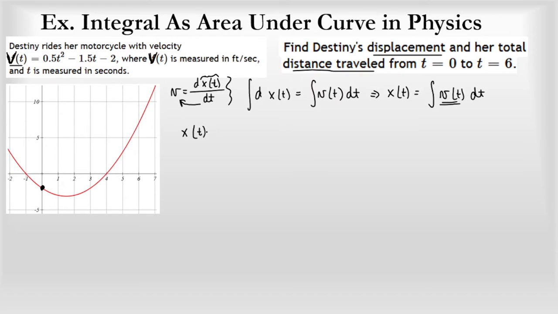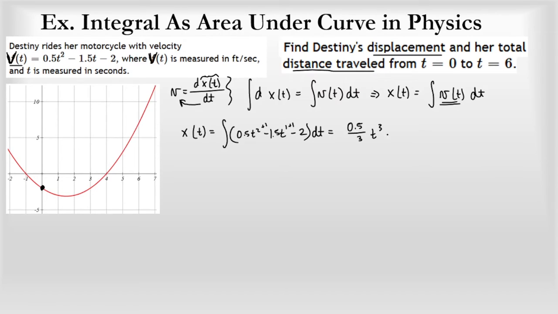The position function with respect to time is going to be given by the integral of 0.5t squared minus 1.5t minus 2 dt. I can do that out real quick. I'm going to add a +1 here, so I'm going to get 0.5 divided by 3 t cubed. Everybody okay with that? I do it a little bit in my head.